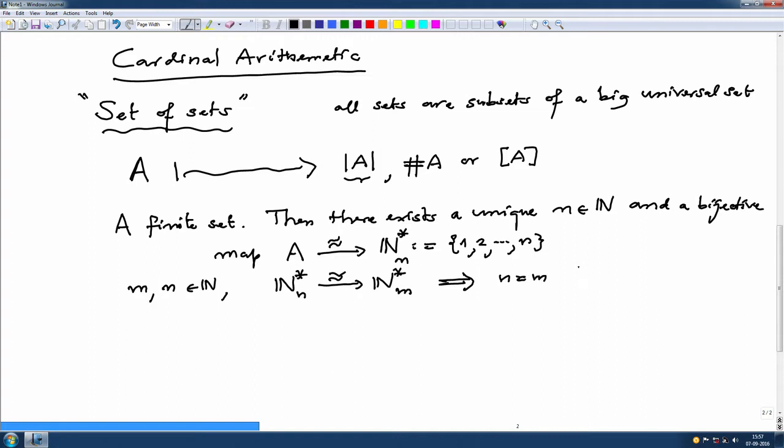This needs a proof, and one can prove it easily by induction on n. So, all finite sets we can identify under bijection with these subsets 1 to n. And note that if n were 0, n star is by definition the empty set.